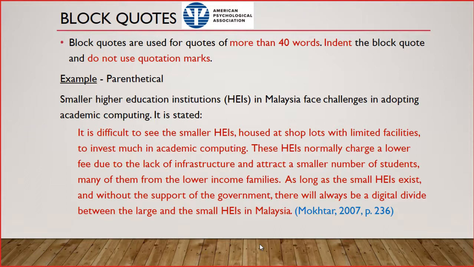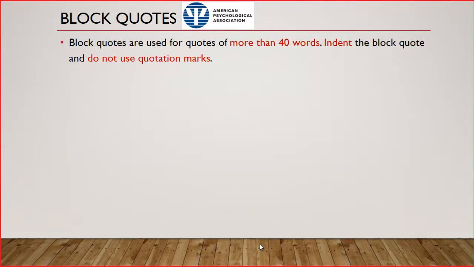Then we put in Mokhtar, this is the author, comma, 2007, this is the year, comma, p. 236, page 236. You will notice that the citation, the bracket, is after the full stop. If you use a regular quote, let me go back just to show you.